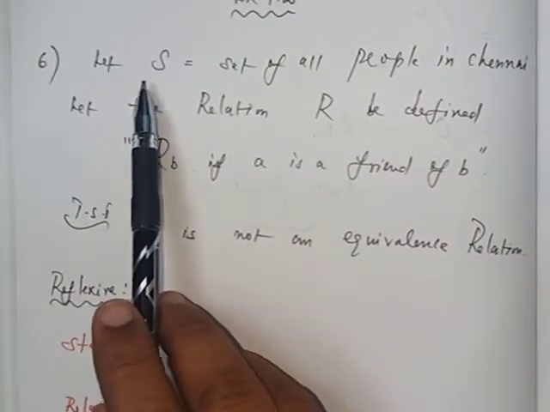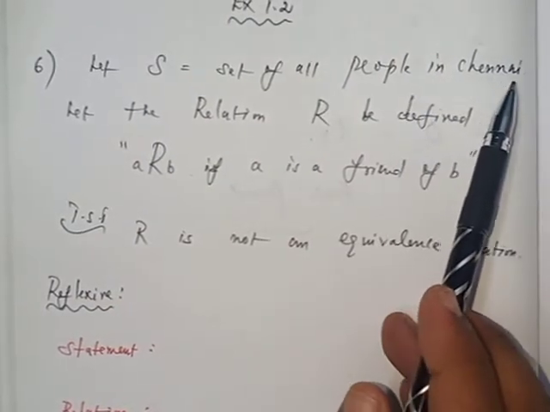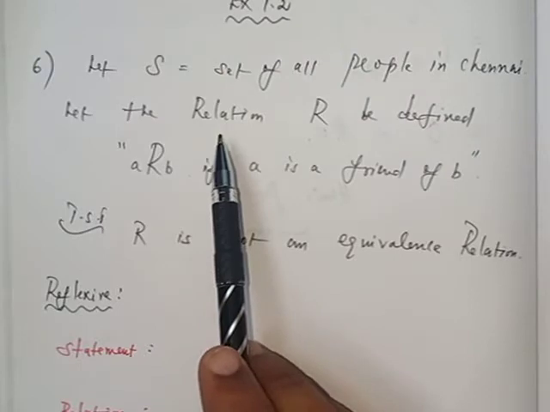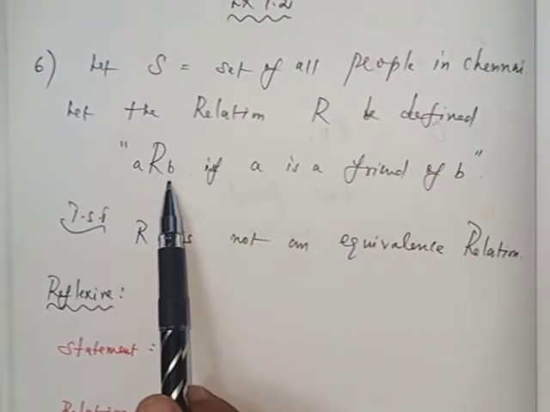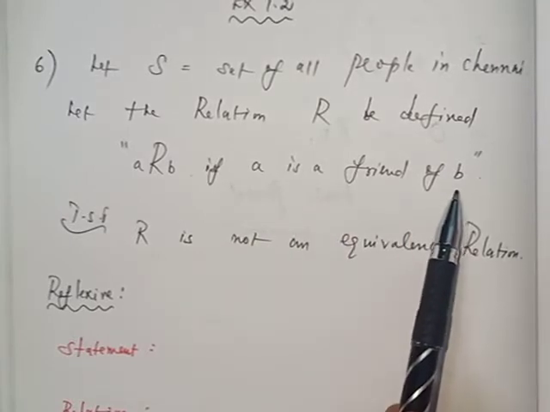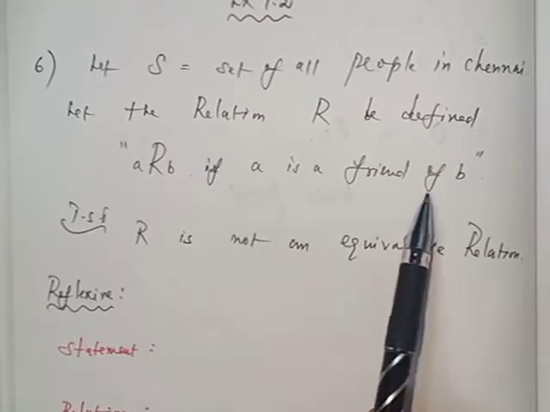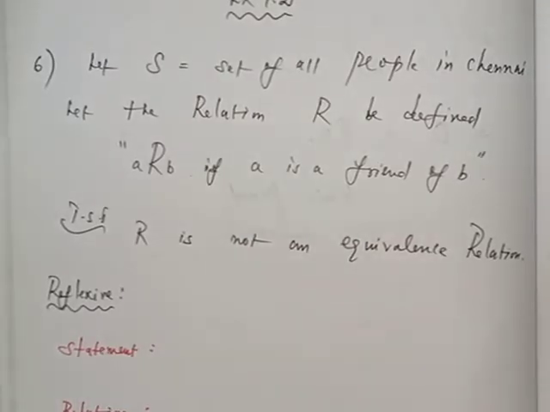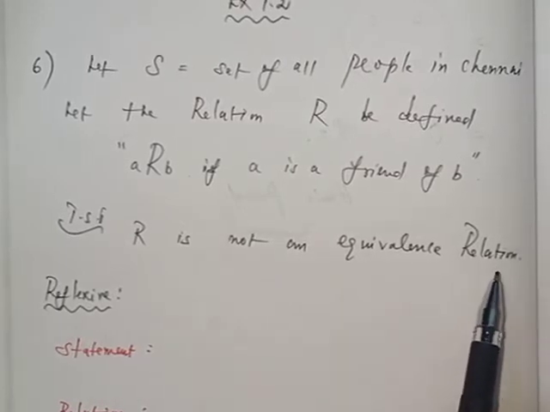I consider the set of all people in Chennai. Let the relation R be defined: A is related to B if A is a friend of B, because what is given in the question? Friendship. So I consider A is a friend of B. We have to prove R is not an equivalence relation.